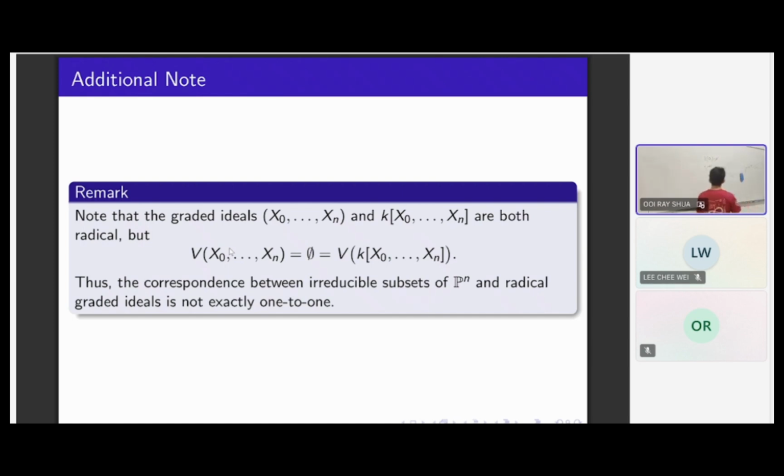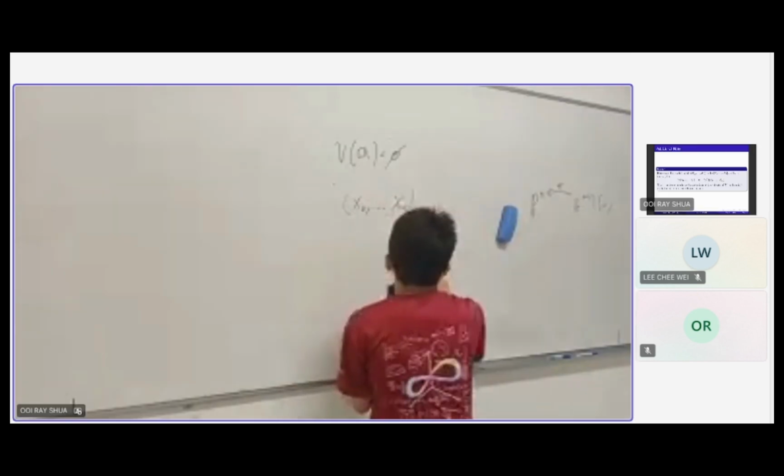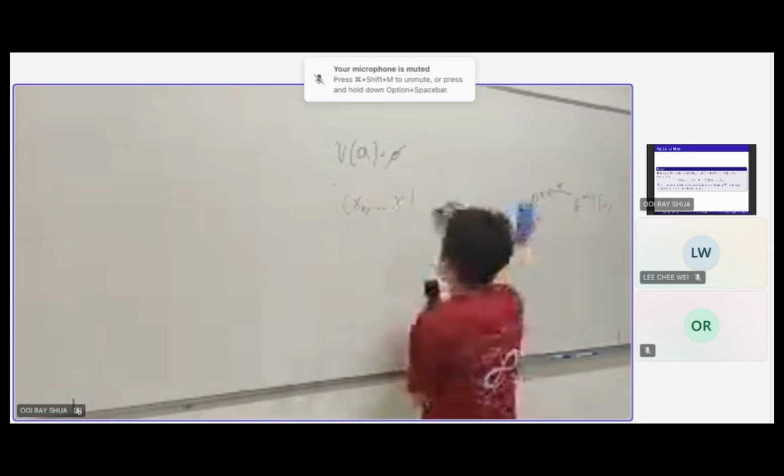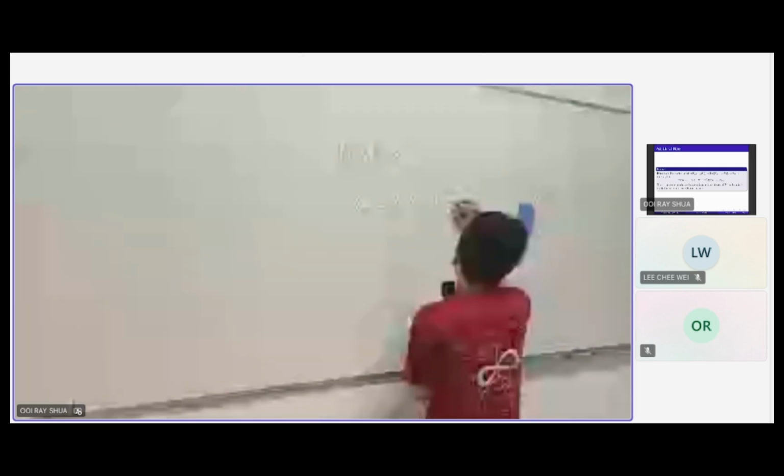So just to clarify, the ideal generated by these monomials x0 up till xn, what is it missing from the whole polynomial ring?